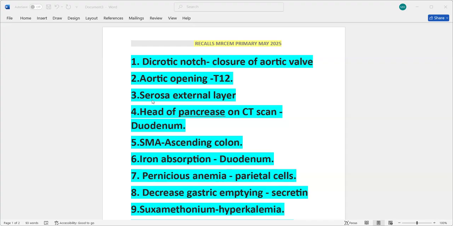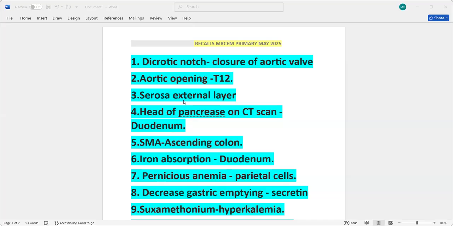Okay, so there was another MCQ, MCQ number 3, which is, you can see, serosa external layer. This MCQ was quite clinical. There was a patient who came with some external injury, and he got some injury on his abdomen, a sharp knife which pierced his abdomen.